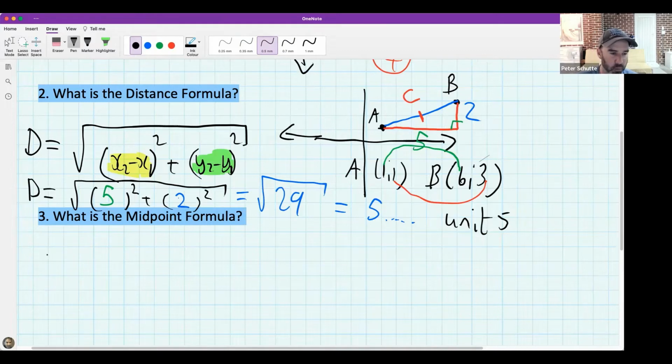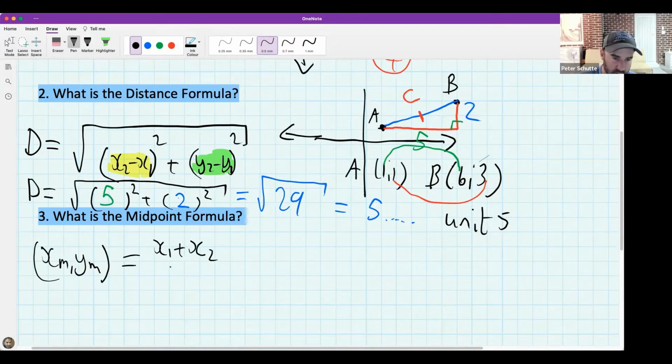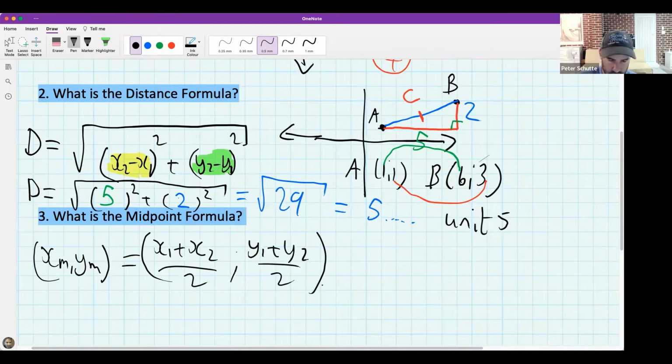The way the formula works is if you want the midpoint, xm, ym, of 2 points, all you need to do is add the 2 coordinates. So you add x1 and x2, divide by 2, and you add y1 and y2 and divide by 2. In the example above, the first x coordinate was 1, and in the second point it was 6.